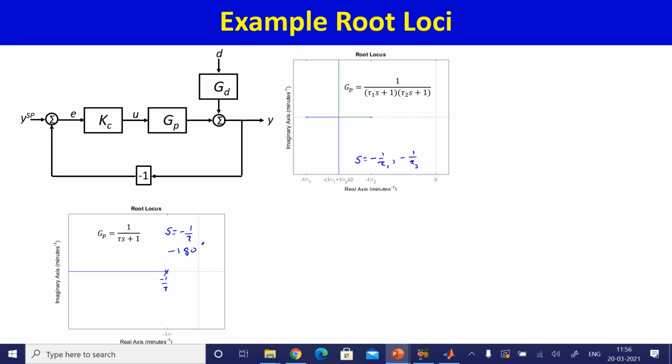These are the two open loop roots, and if we apply a proportional controller Kc, then with a second order system and no zeros, you'll have two asymptotes. If you have two asymptotes, their angle is going to be plus minus 90 degrees.